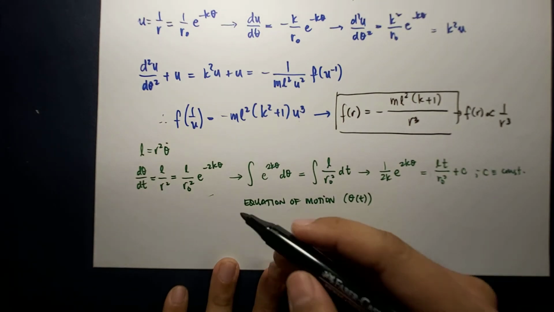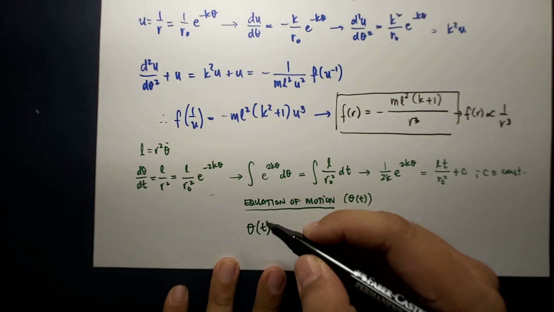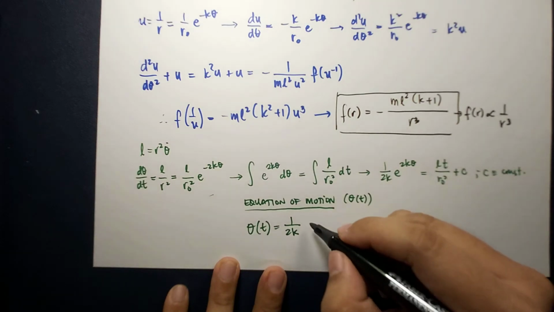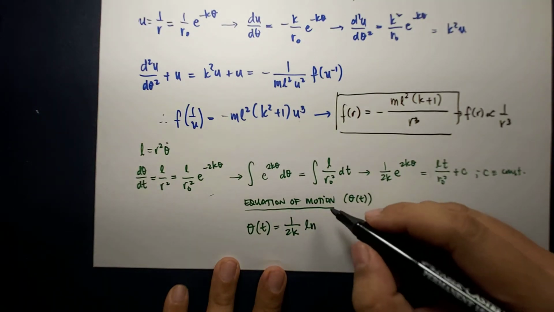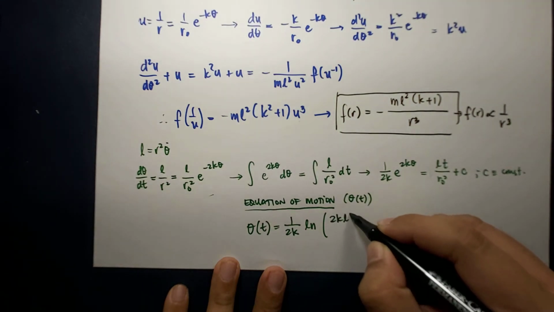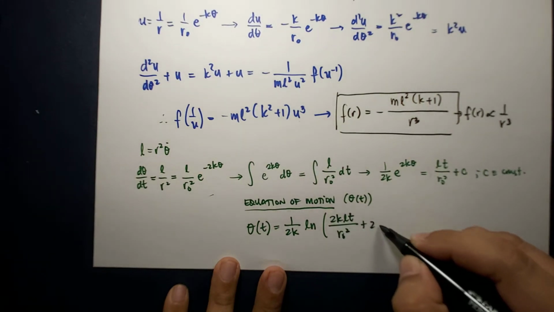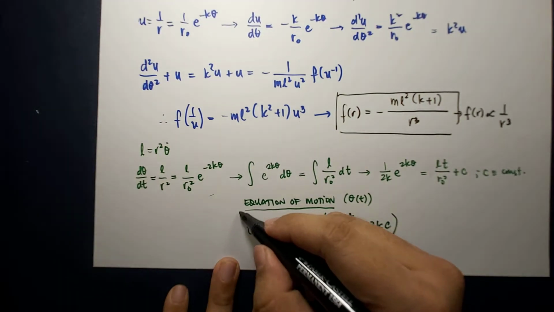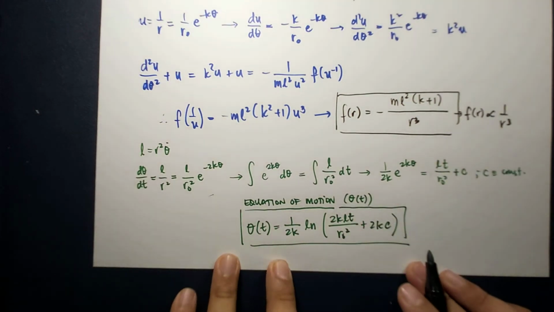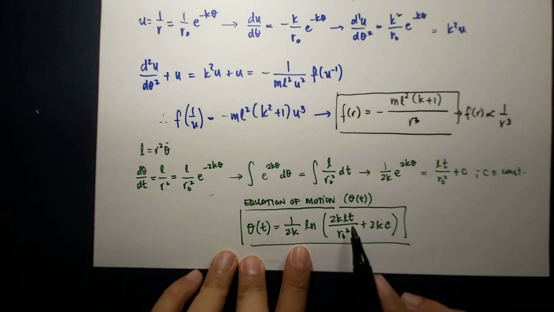So therefore, the equation of motion, theta as a function of time, is now equal to 1 over 2k times ln of 2k l t over r0 squared plus 2kc. As you will notice, this shows that theta varies logarithmically with time.